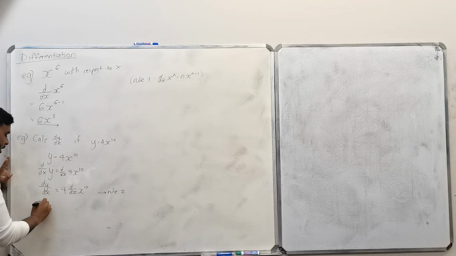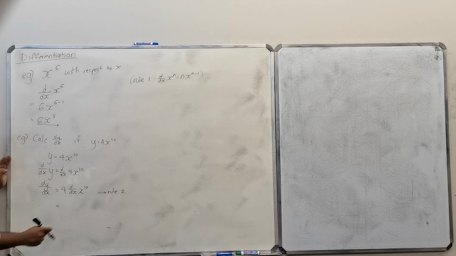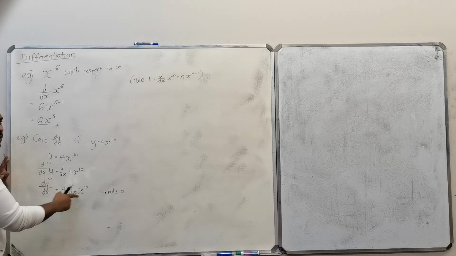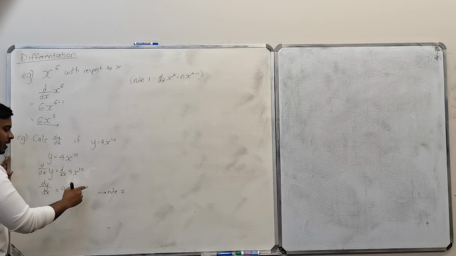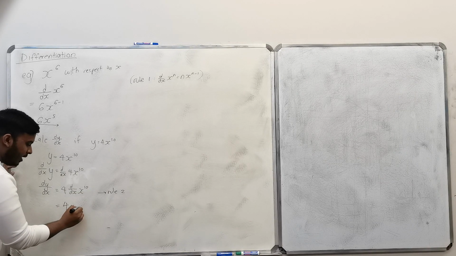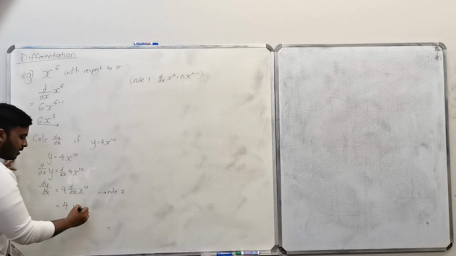Now you're left with that. Which rule would you use to differentiate x to the power 10? Rule 1. So using rule 1 to differentiate this, you're going to end up with 4 times what? 10x.